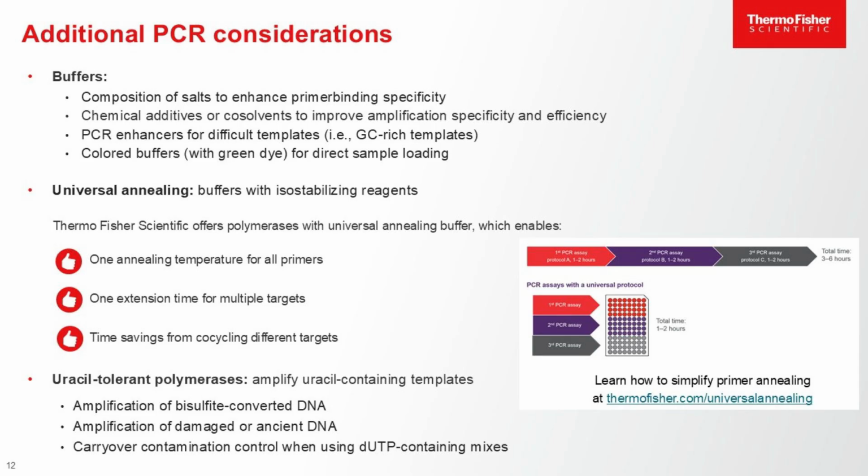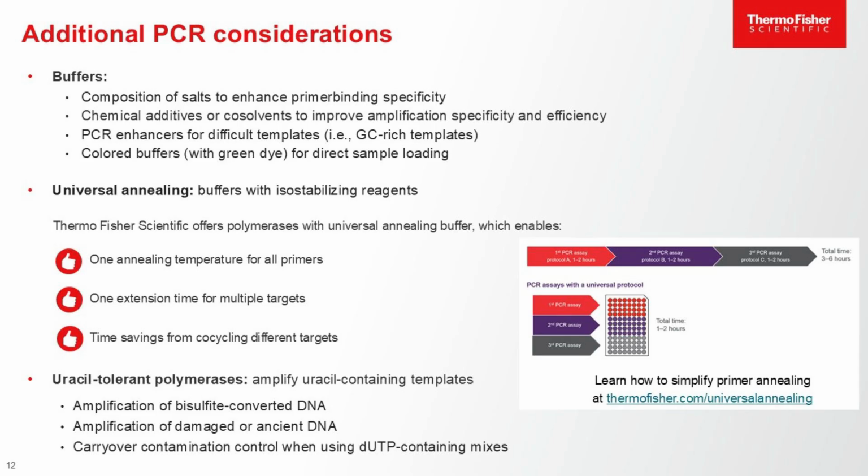Improved PCR can be achieved by changing salt composition to enhance primer binding specificity, adding chemical additives to improve amplification specificity and efficiency, adding PCR reaction enhancers for difficult templates, for example GC-rich templates, or simplifying the detection step by adding dyes for direct sample loading.